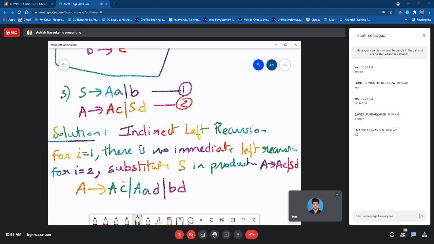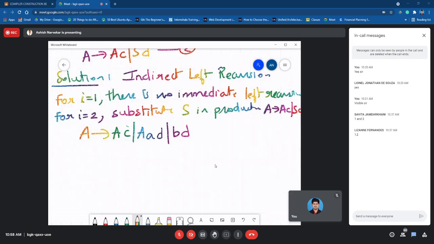So what we get over here is the production. I'll just put it in a box so that people don't get confused. So we get this particular production by substituting 1 in 2. Now what we can see is there is a direct left recursion.